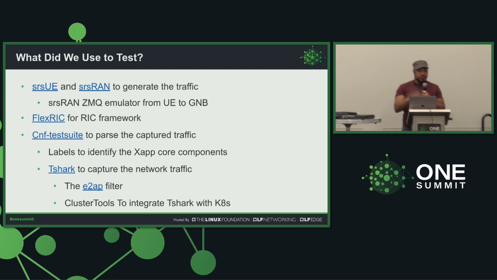The UE being the user equipment, like the phone, and the RU the radio unit. That allows us to get away from having to have all this equipment. Then we used the FlexRIC framework for creating the xApp, and of course the CNF Test Suite to parse the captured traffic.